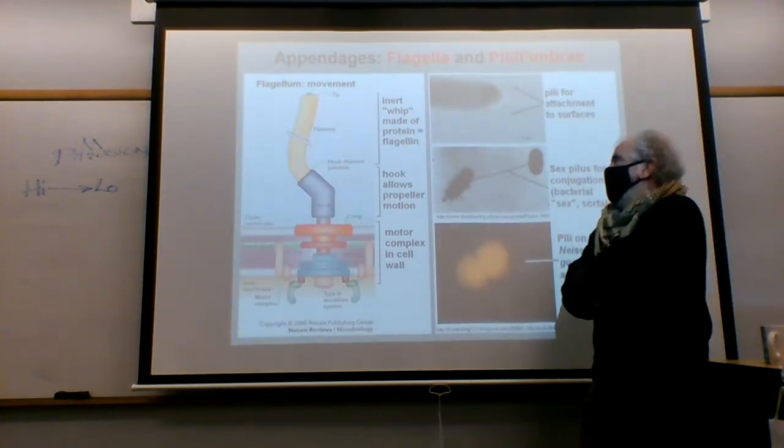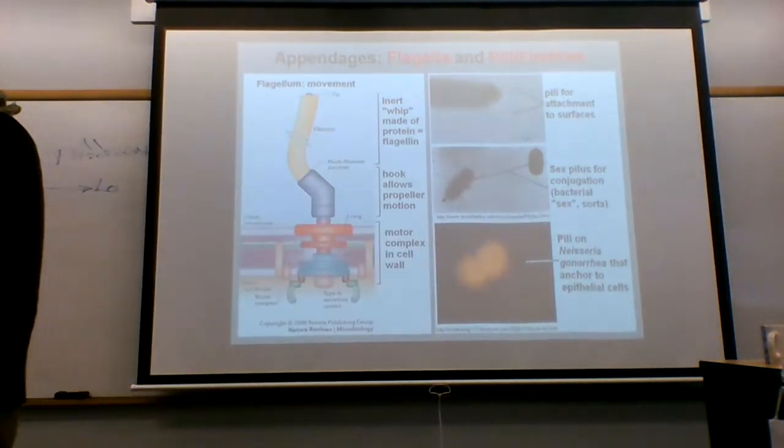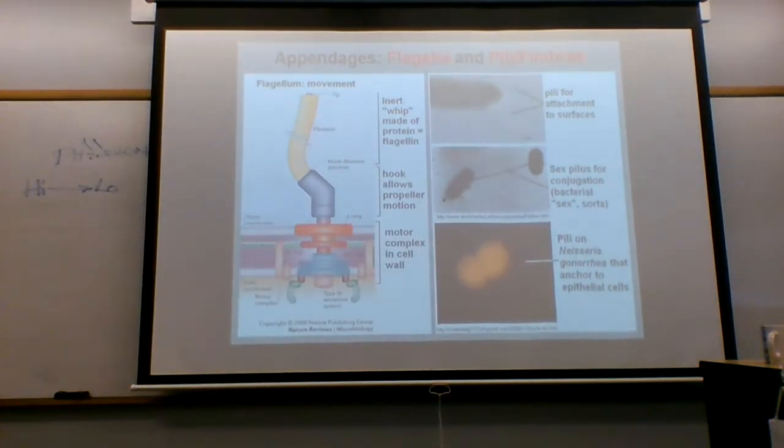So on to various kinds of appendages. Not all bacteria have flagella, but those that do might have the ability to move around. And so we have some bacteria that we say are motile. They actually will spread about. Others, you put them down and they're stuck there.